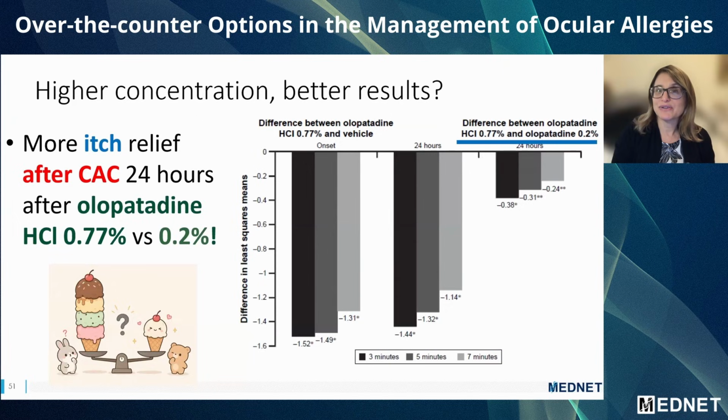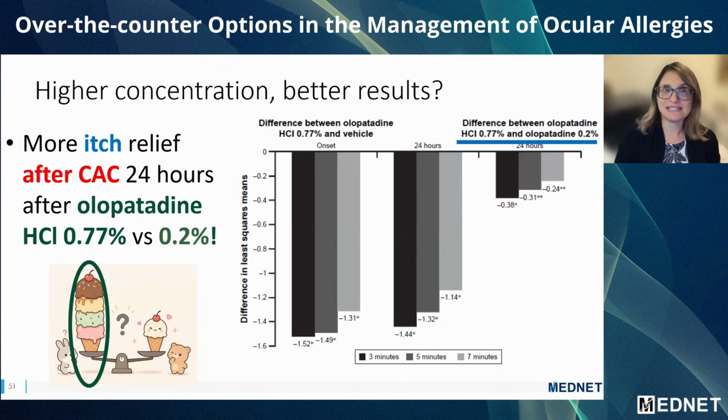And you can see here the response between the 0.77% and the 0.2%. Both the 0.77% and the 0.2% are recommended to be dosed once daily. The 0.1% is recommended to be dosed twice daily. So in this case, yes, higher concentration, better results.